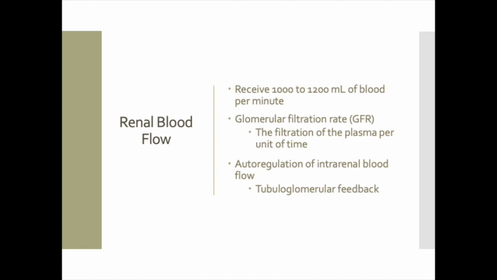So when your blood pressure is increasing in the afferent arteriole, intrinsically you have an autoregulatory mechanism of contraction in the arterioles, which will increase resistance. It's going to maintain constant blood flow and your GFR. Now, the absolute opposite is going to occur when there's a decrease in systemic blood pressure.